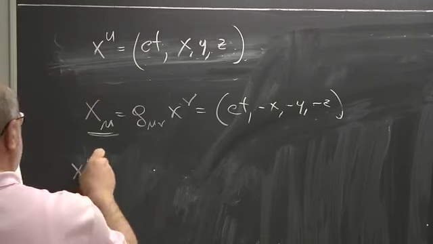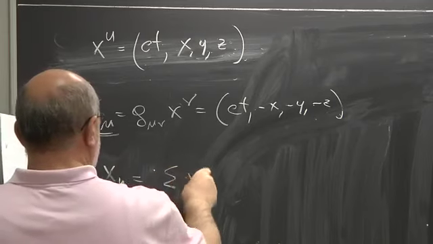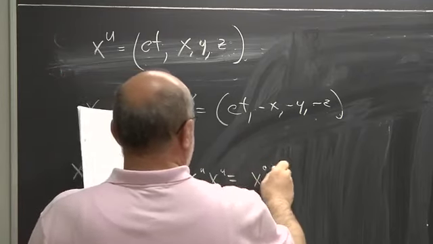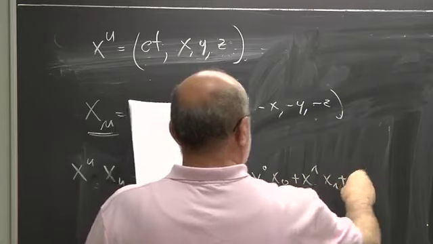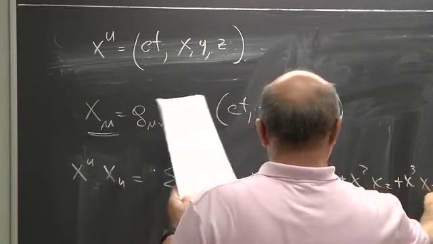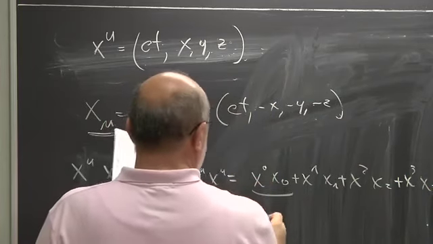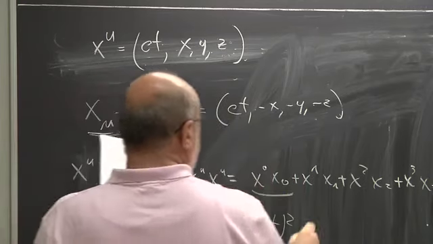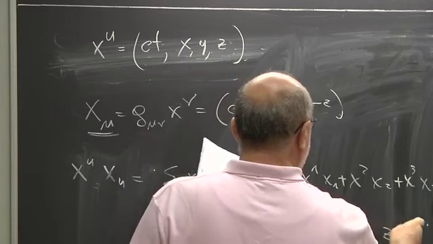Then x mu, this is really a sum, x0 plus x1 plus x2 plus x3, and then this quantity, ct squared. Then one is plus and one is minus, so I get minus x squared minus y squared minus z squared.